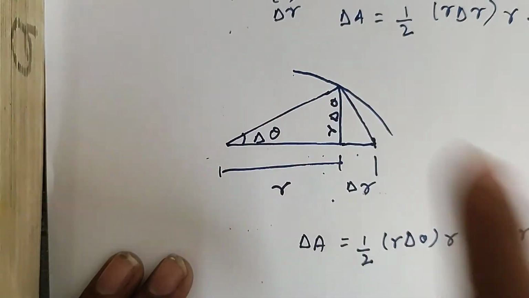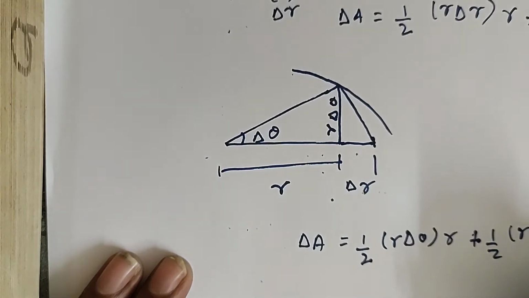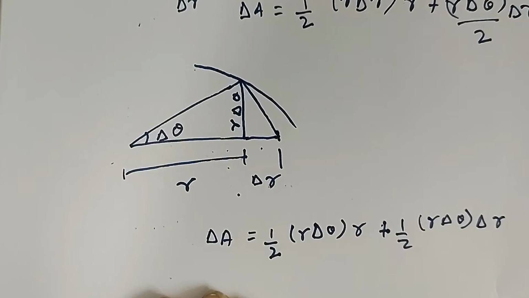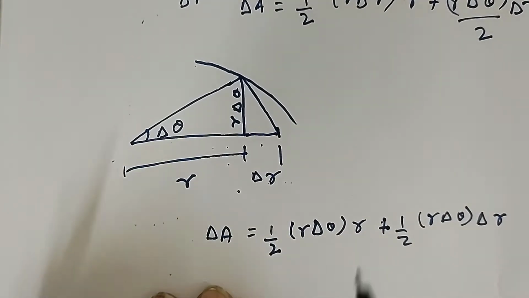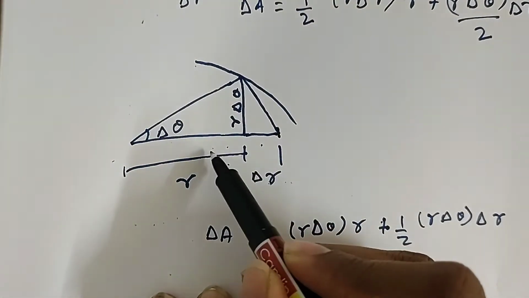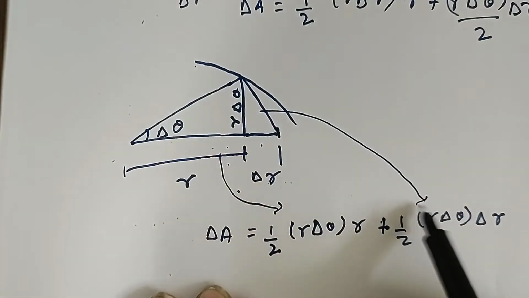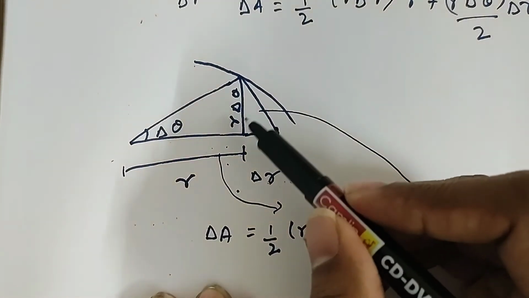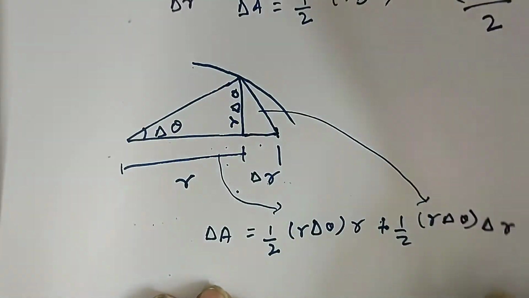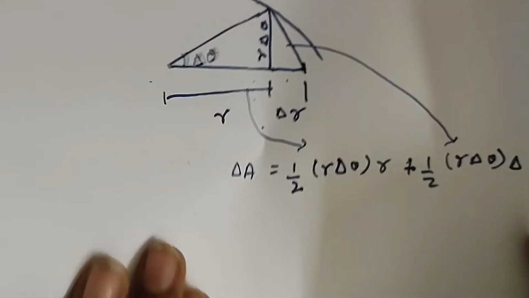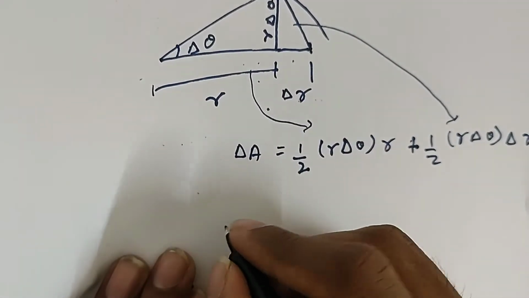There are two triangles. Don't confuse yourself. For the first triangle this is the equation, and for the second triangle this is the equation. r delta theta is the same for both triangles. It's very easy to get carried away.